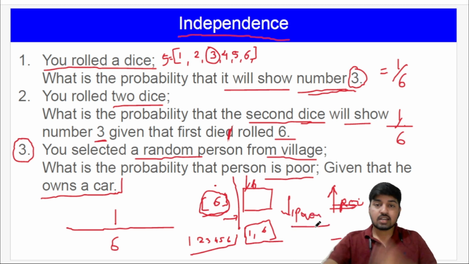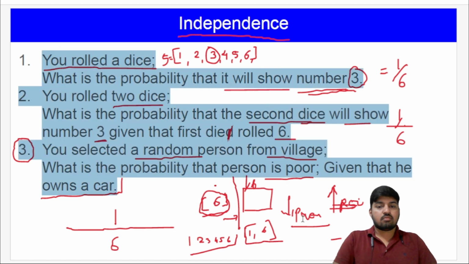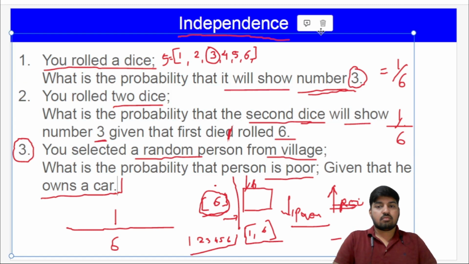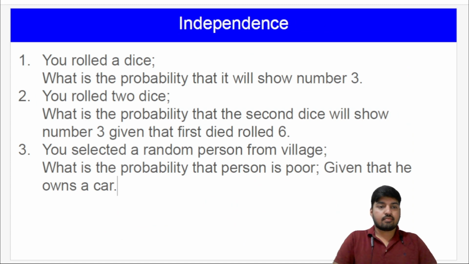Okay, so that's why dependence and independence are required. Now you see how to statistically say that two events are independent.